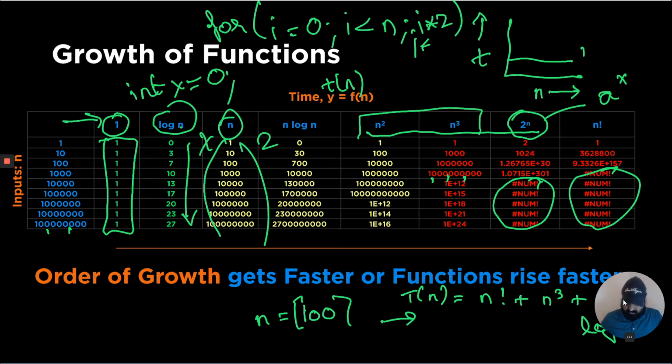In that case, only the dominant term will make the total time prominent, which is in this case this term, 9.33 e to the power 157, which is like 157 zeros after this term. It's a pretty big number. If you add 1 to it, you wouldn't even notice.